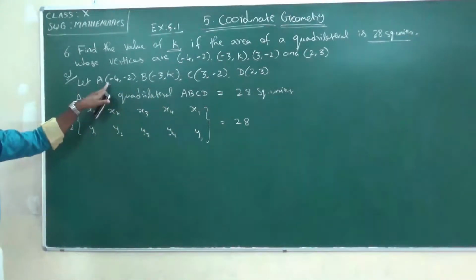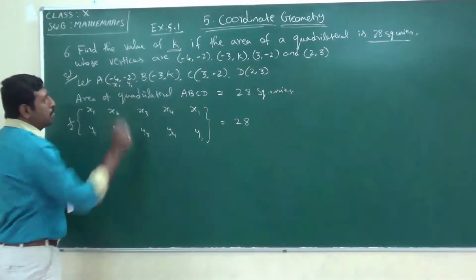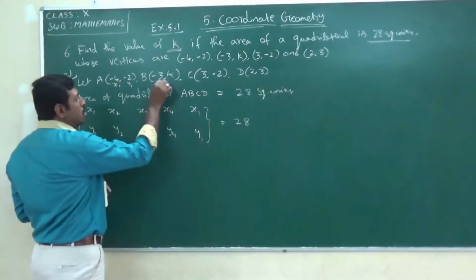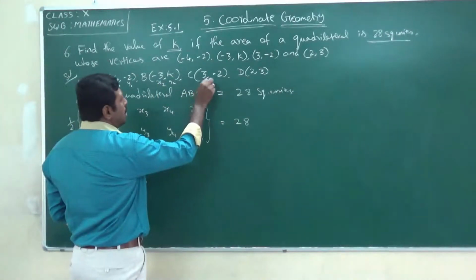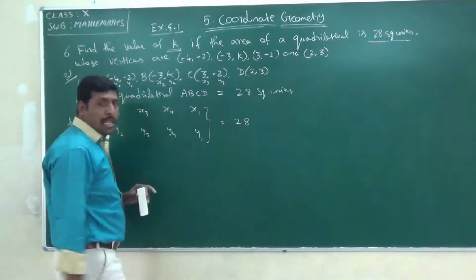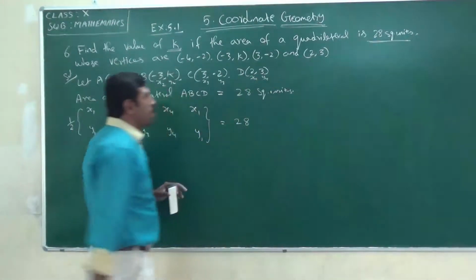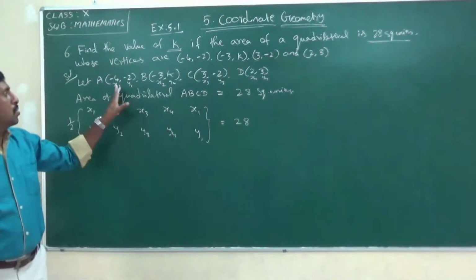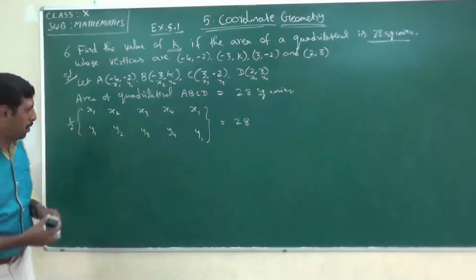Now the first point we take as x1 y1, the second point as x2 y2, the C point as x3 y3 and the point D as x4 y4. Now substitute the values in the formula.